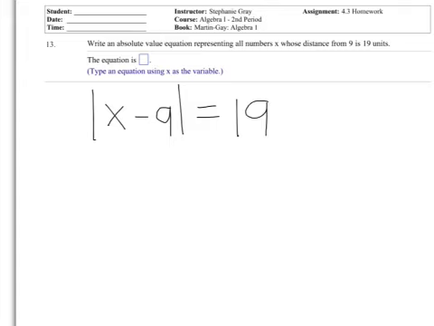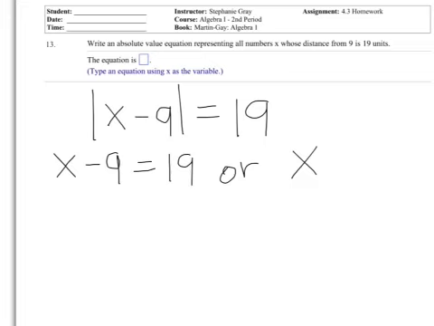So remember, for absolute value equations, what's inside the absolute value, x minus 9, could be positive 19, or what's inside the absolute value, x minus 9, could also be negative 19.